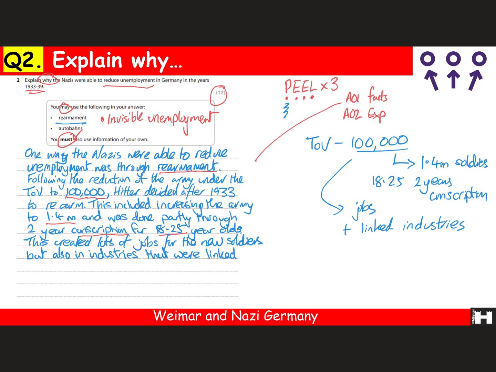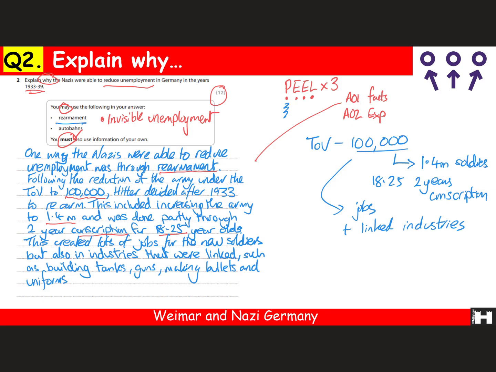And I can just give some examples, such as building, and I can just list a few, tanks, guns, making bullets, and uniforms. Okay, so this created jobs for the new soldiers, but also in industries that were linked, such as building tanks, guns, making bullets, and uniforms.